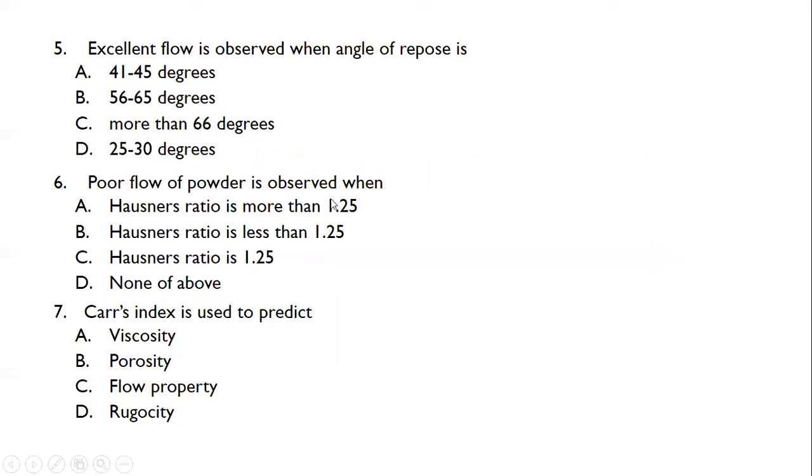Poor flow of powder is observed when Hausner's ratio is more than 1.25, less than 1.25, equal to 1.25, or none of the above. Carr's index is used to predict viscosity, porosity, flow property, or ruggedity. Thank you.